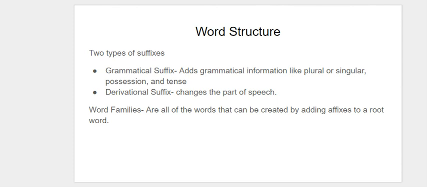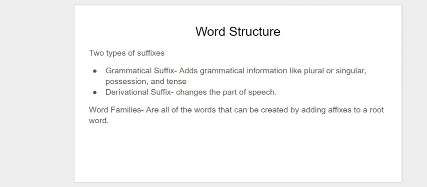And word families are basically all the words that you can make by adding affixes. So if you had the word kind, you can make kindness, kindless, kindlessness, kindly. All of those suffixes are added to the word kind and they are all in the same word family.